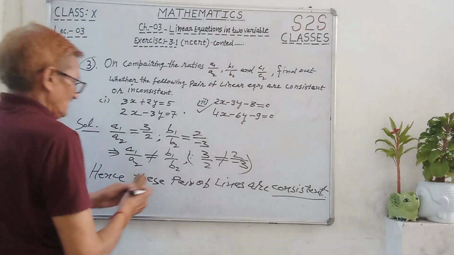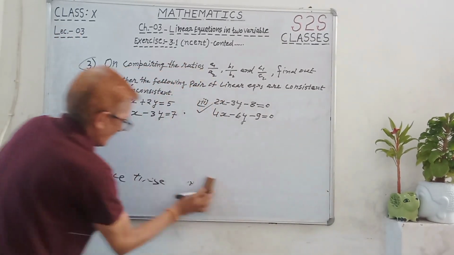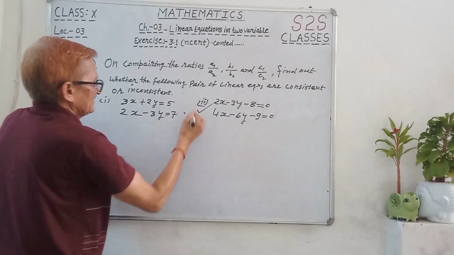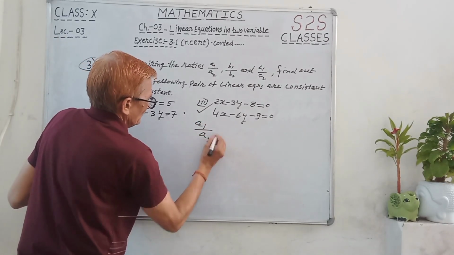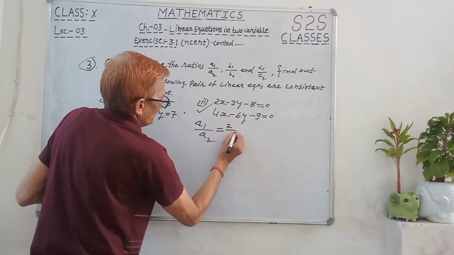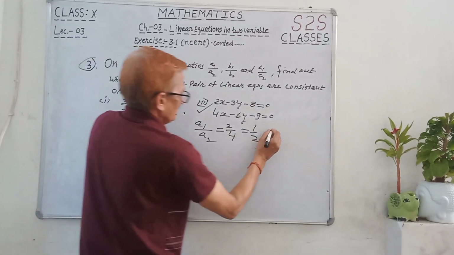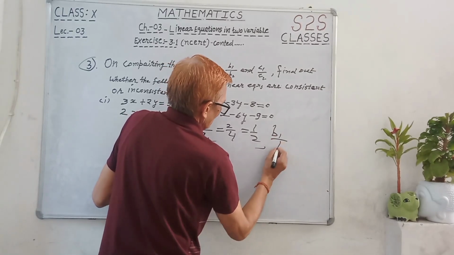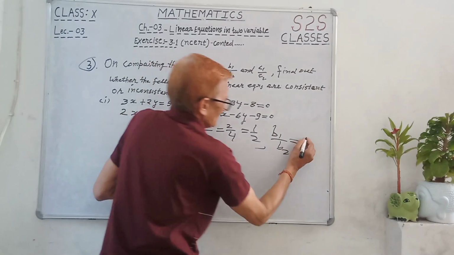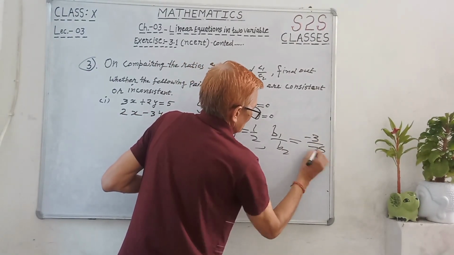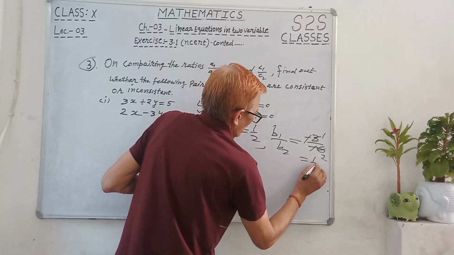For the second part, we compare the ratios. A1 upon A2 is equal to 2 upon 4, which is 1 upon 2. Then B1 upon B2, the coefficient of y, minus 3 upon minus 6, simplify, is also 1 upon 2.